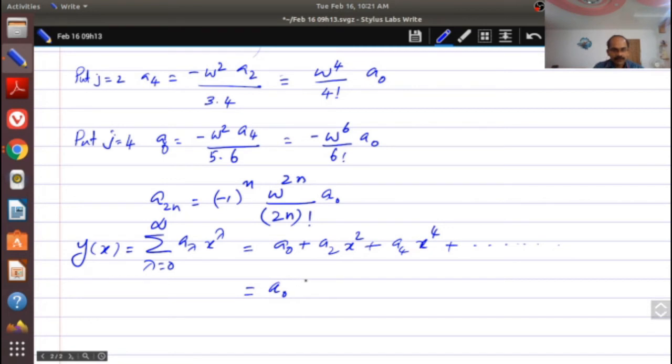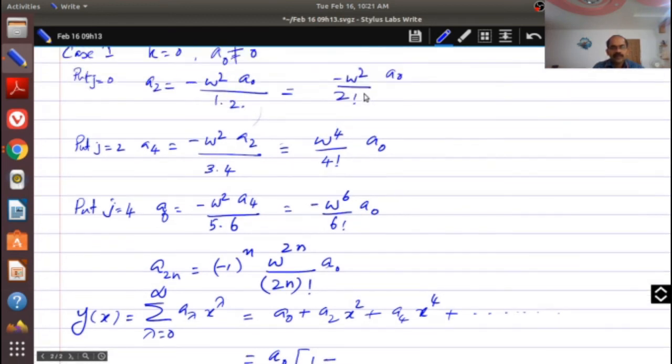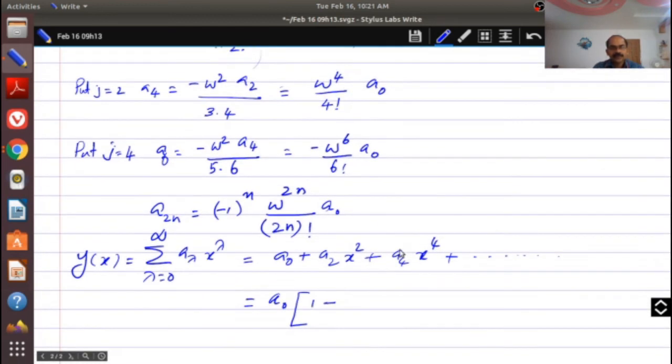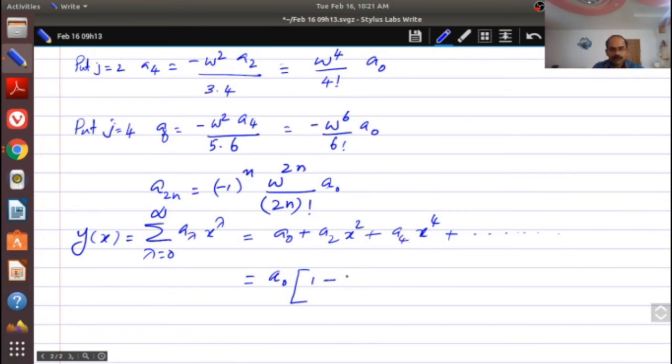A0 times 1 minus omega squared x squared by 2 factorial plus omega raised to 4 x raised to 4 by 4 factorial minus omega raised to 6 x raised to 6 by 6 factorial plus etc.